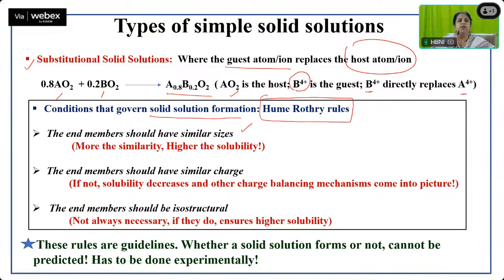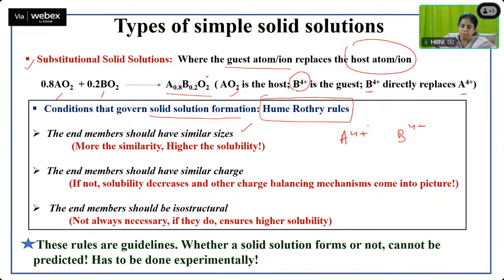They say that if your end members, let's say I'm putting BO2 in AO2, my end members, that is A4+ ion, in the example I took here, and B4+ ion, have got similar sizes. They say end members should have similar sizes. Very logical thing. More the similarity, higher the solubility. The end members should have similar charge.